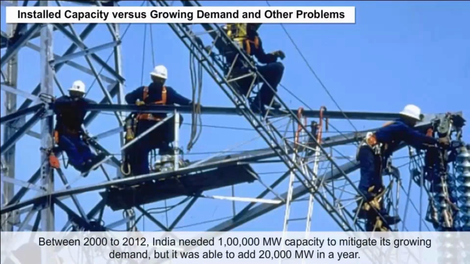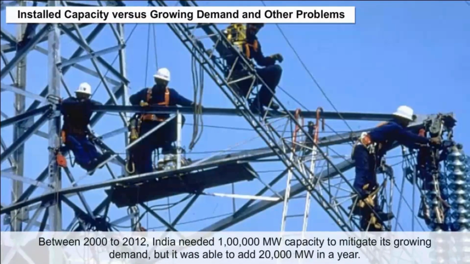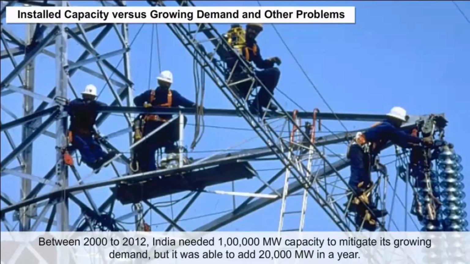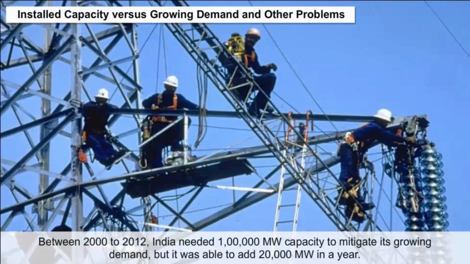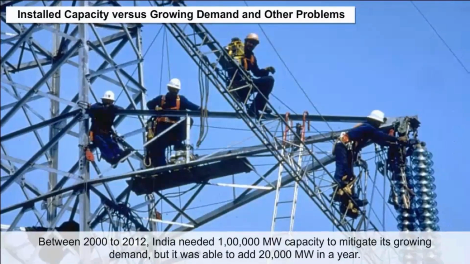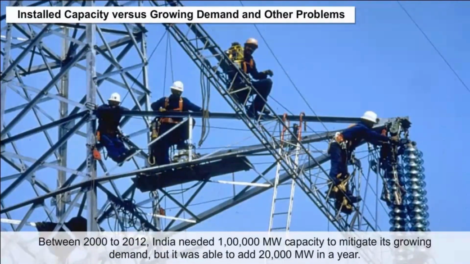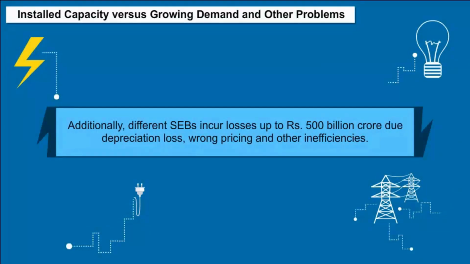Between 2000 and 2012, India needed 1 lakh megawatt capacity to mitigate its growing demand, but it was able to add only 20,000 megawatt in a year. Additionally, different SEBs incur losses up to Rs 500 billion due to depreciation loss, wrong pricing, and other inefficiencies.